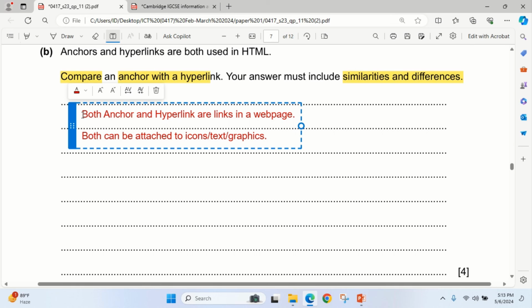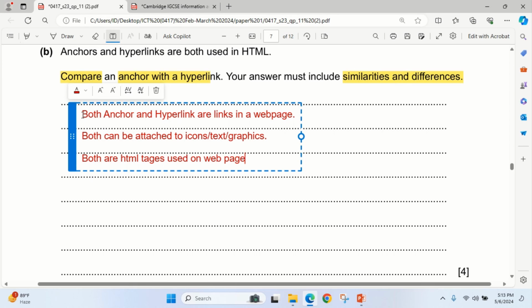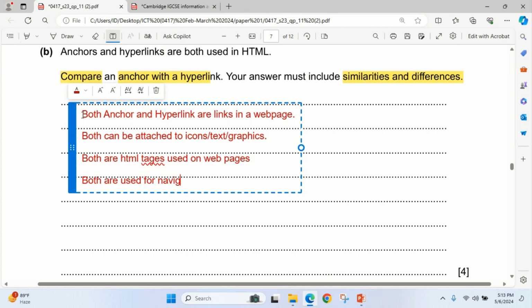Another thing is that both are used within the HTML code. Both are HTML tags used on web pages. So take note of that. And very important, both are used for navigation within the web page or across web pages of different websites. Okay, so take note of that.